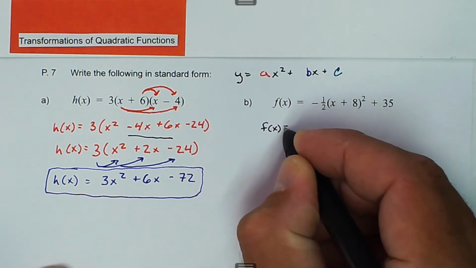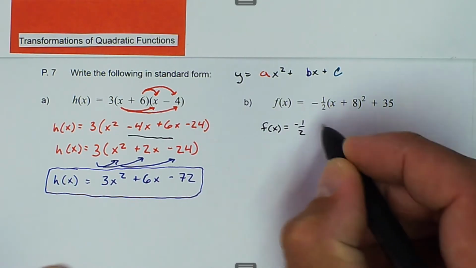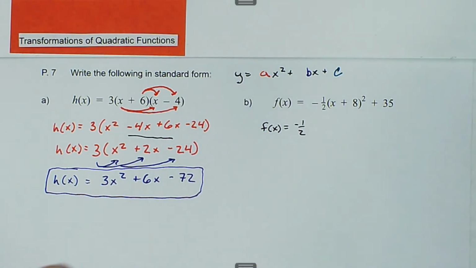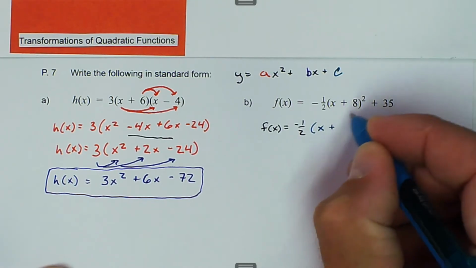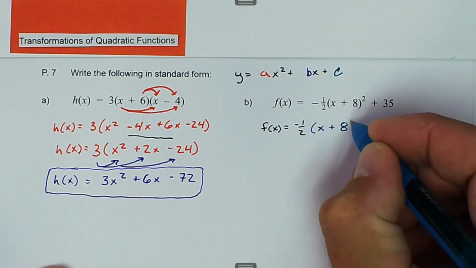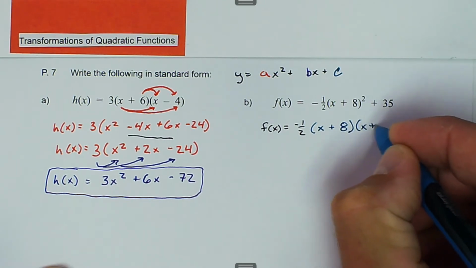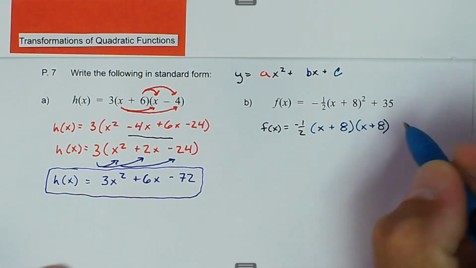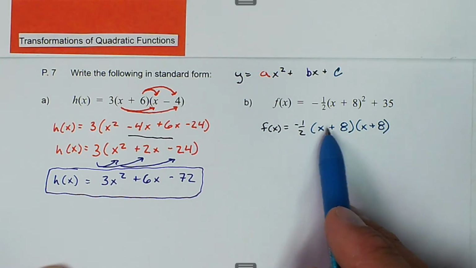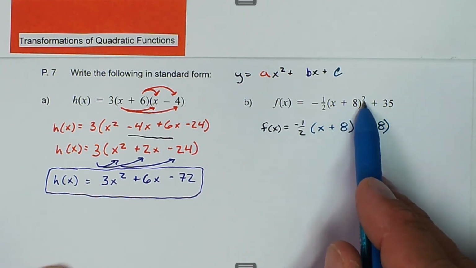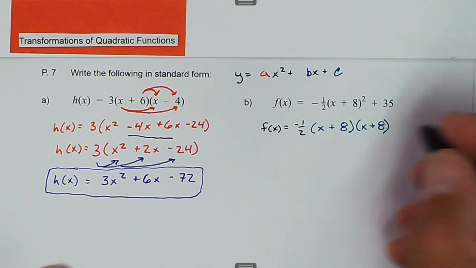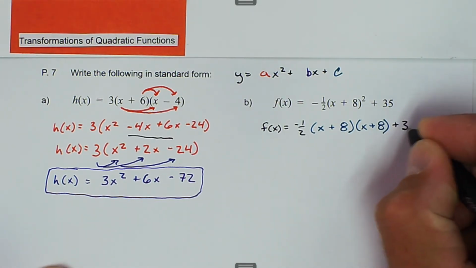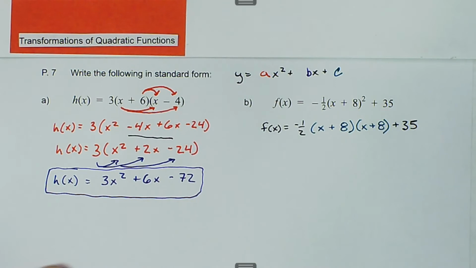So f of x is equal to -1/2, and we're going to write x plus 8 times x plus 8. So in order to get rid of that square, we have to write it down twice. And we're going to add 35.